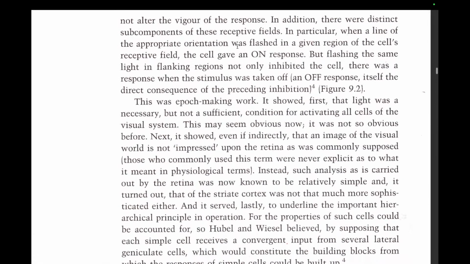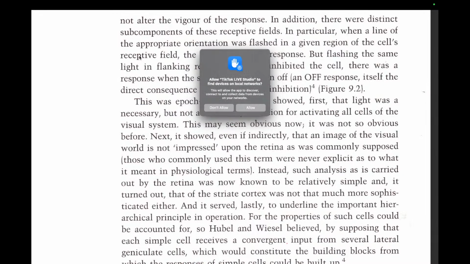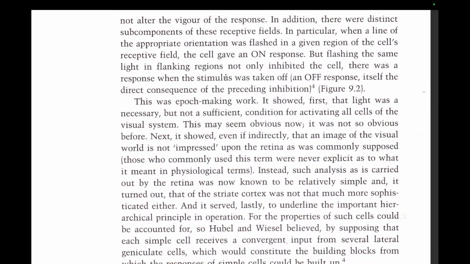In addition, there were distinct subcomponents of these receptive fields. In particular, when a line of the appropriate orientation was flashed in a given region of the cell's receptive field, the cell gave an on response.